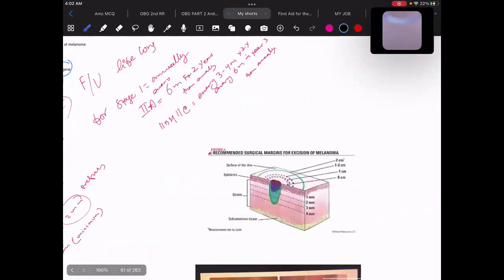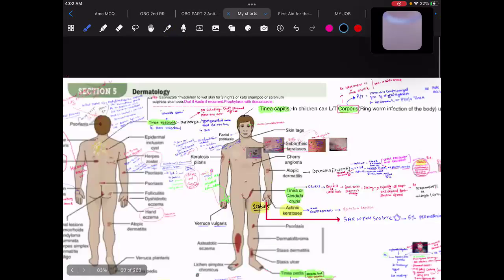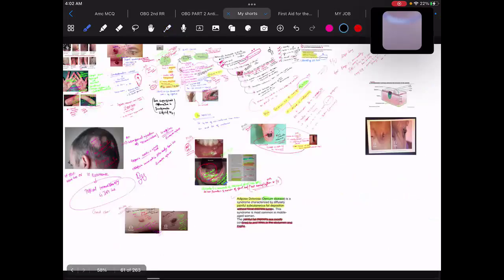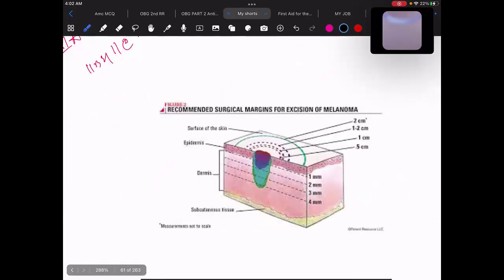this is a patient of melanoma, as you can see over here. Remember that the more the thickness goes to the depth, the poorer is the prognosis. If the lesion is present over here, the thickness, we went for the biopsy.